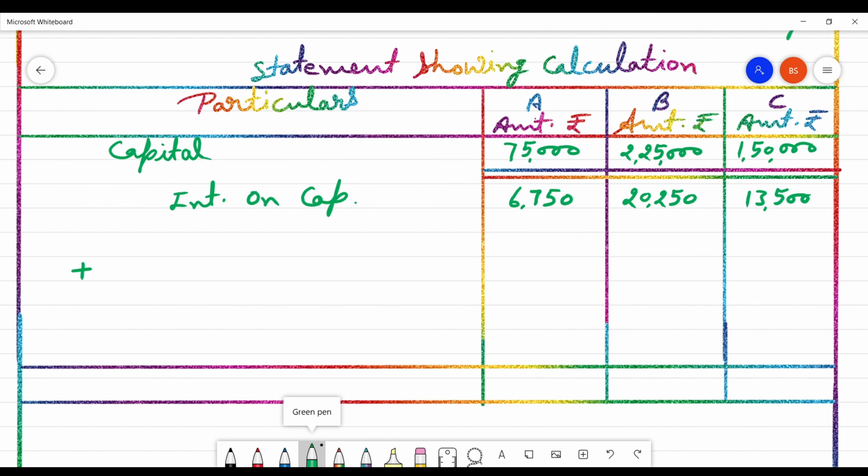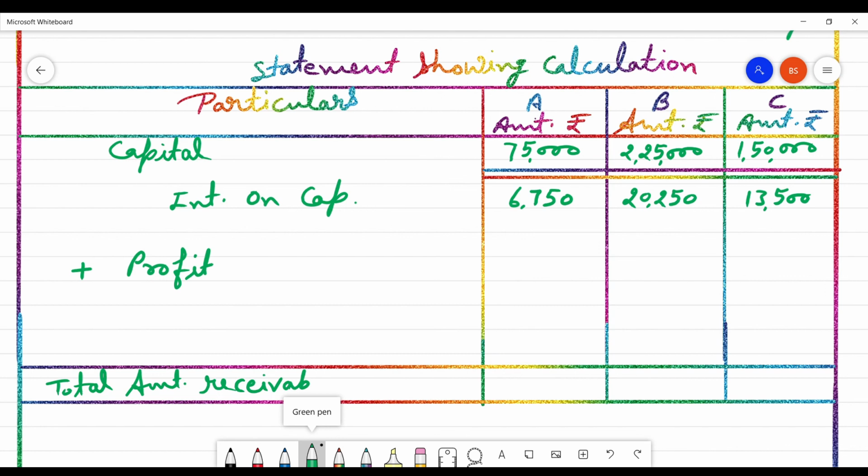We have to add here plus profit, and the total amount receivable will come here.